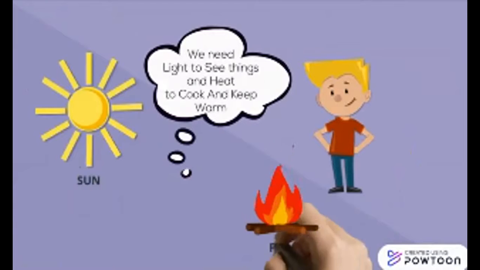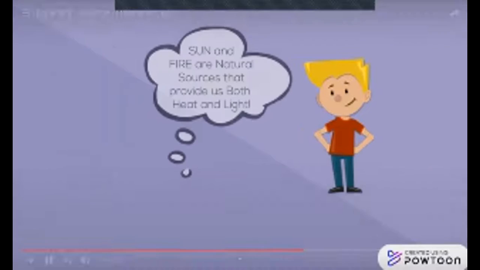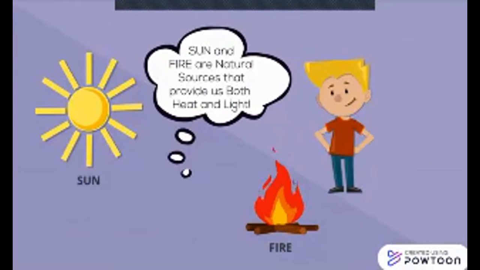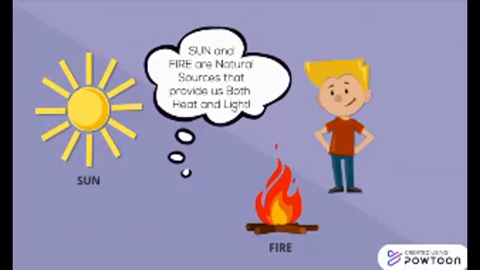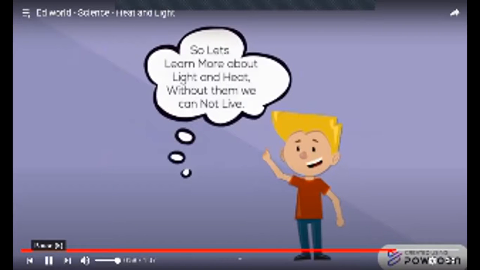We need light to see things and heat to cook and keep warm. Sun and fire are natural sources that provide us both with heat and light. So let's learn more about light and heat. Without them, we cannot live.